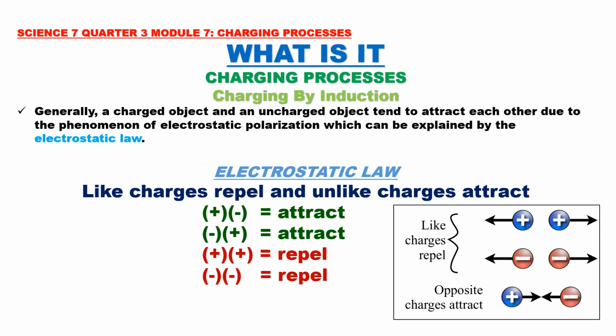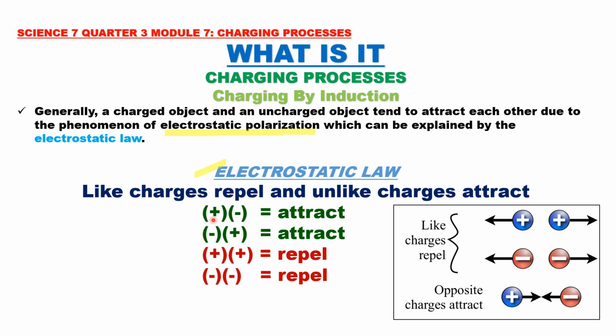To further explain the phenomenon of electrostatic polarization, let us now state the electrostatic law. So the electrostatic law states that like charges repel and unlike charges attract. Kapag magkamukha ang charges, nagre-repel. Okay? Kapag unlike or hindi magkamukha ang charges, they attract.